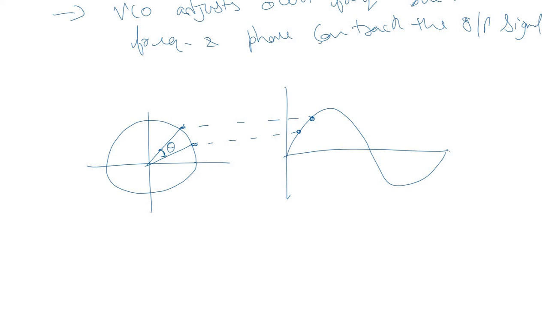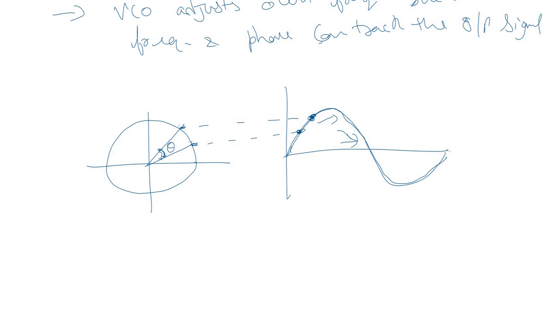Now this sinusoidal signal has a particular frequency. So these 2 points will move with a particular speed on this signal, right? Because the frequency is fixed. So obviously both the points are moving with the same frequency or the same speed on this signal. So this difference will remain constant, right?